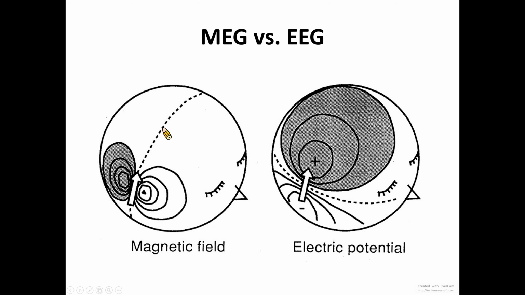MEG usually gives higher spatial resolution, but the EEG is a combination of electric potentials from large brain areas, so it has poor spatial resolution, but we can still use this signal to do some calculations and evaluations. So EEG is still a very important technique used in neurology and even in psychiatry.